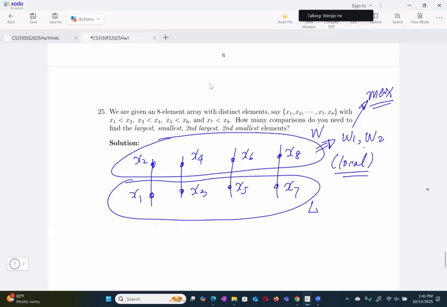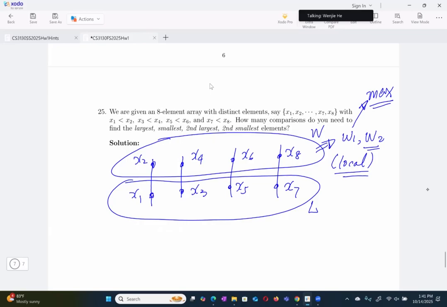But the local second largest may not be the global second largest, right? So you still need to consider the other elements, which one has the possibility of being greater than W2.